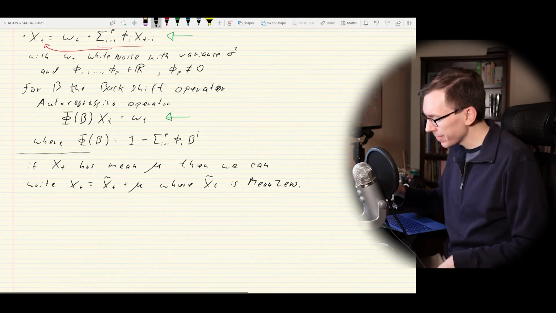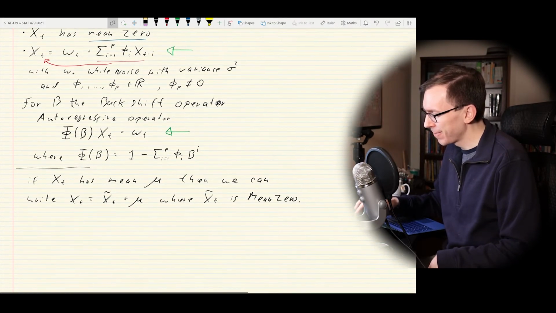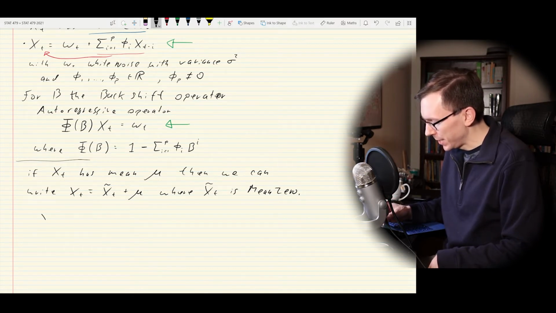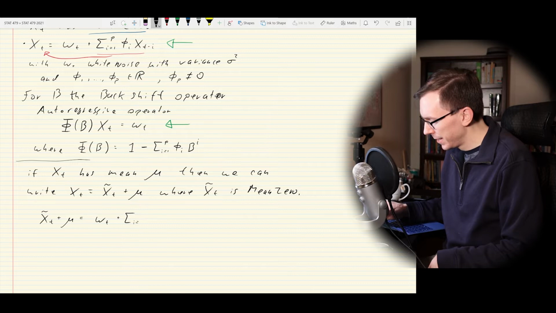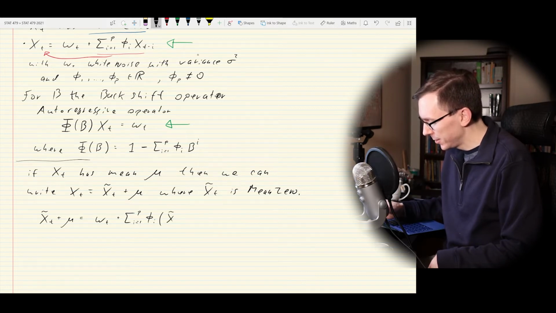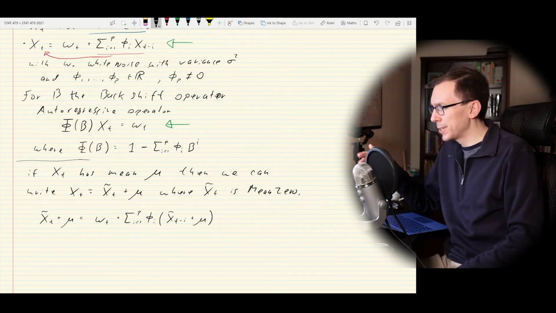If we apply this definition here, what we end up with is x tilde plus mu, and that's going to be wt, but we're also going to add in this summation, i from 1 to p of phi i, and then we're going to replace xt minus i with x tilde t minus i plus mu. So all we're doing here is replacing the x's with an x tilde plus mu.